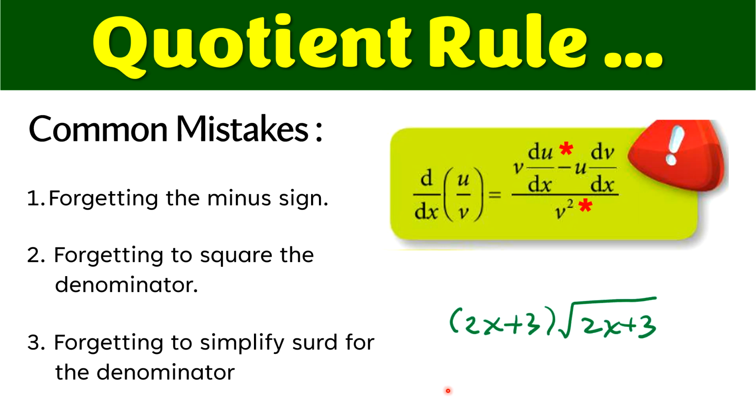If you see such a case, you have 2x plus 3 multiplied by square root of 2x plus 3. Don't forget, these terms are common. So at this point, you must have the skill, by applying laws of indices, to simplify this until you get square root of 2x plus 3 to the power of 3. This is a very important skill that I need all of you to master.